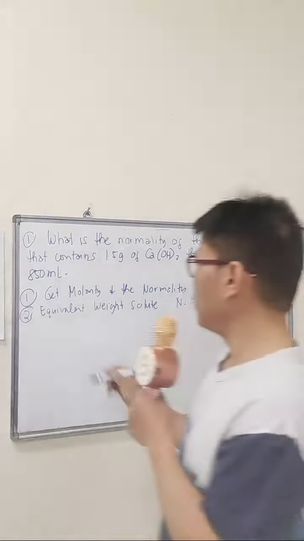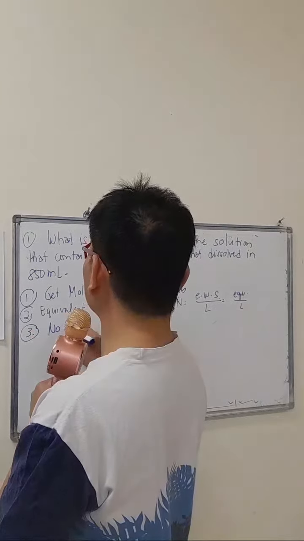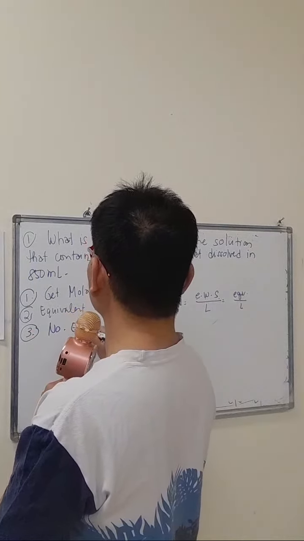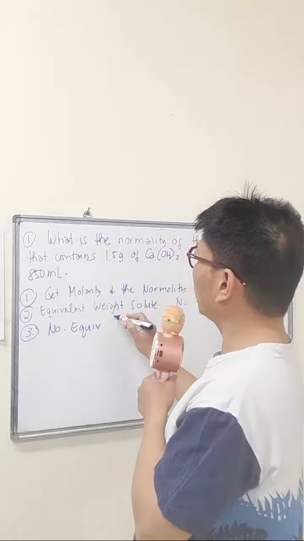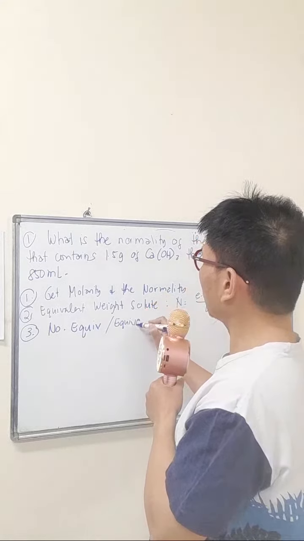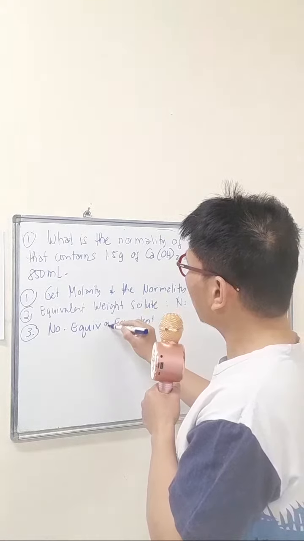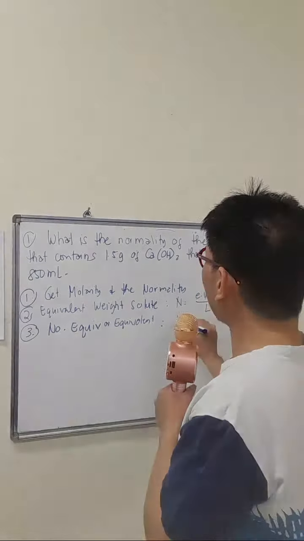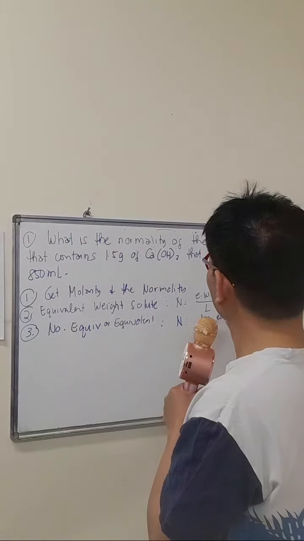Third method, we have the number of equivalents, or equivalent alone. And then after that we say normality is equal to the number of equivalents over liter.